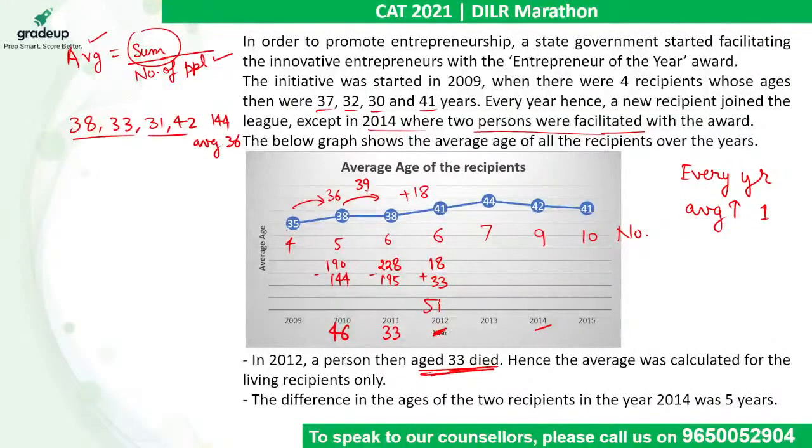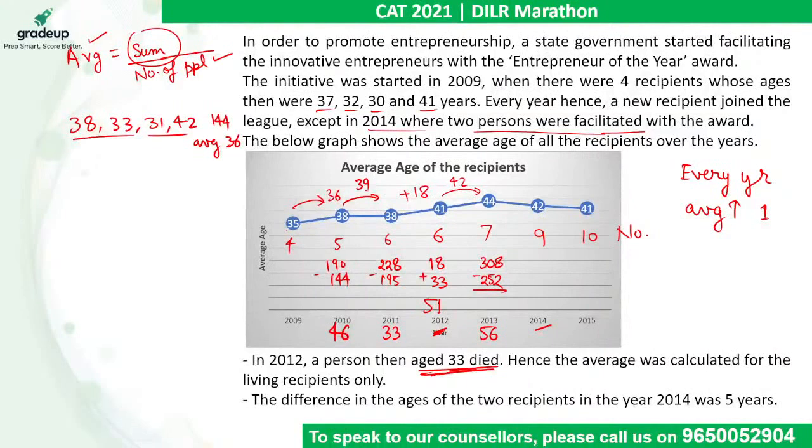So this person's age is 51. Okay, 51. Now next year, their average will reach 42. So 44 into 7 you will get 308 and 42 into 6 will be 252. So this year's person's age will be 56. Okay, this year the age will be 56.